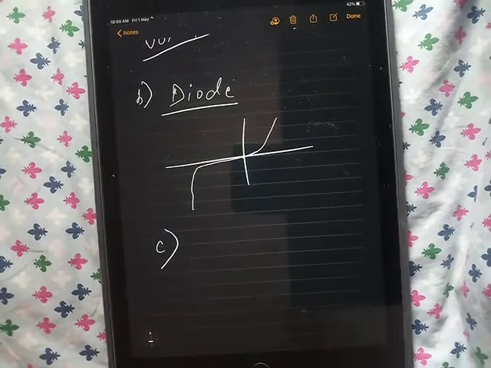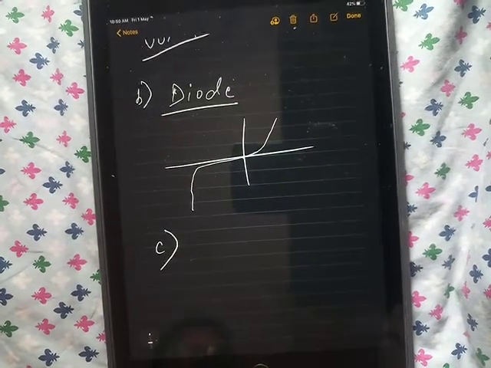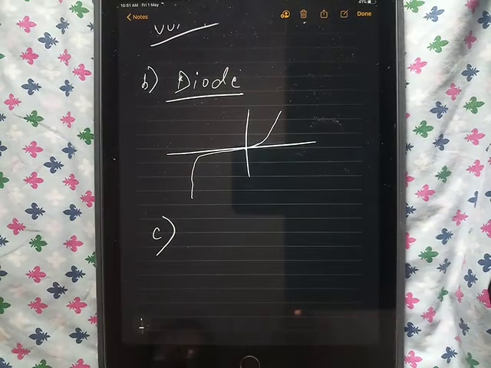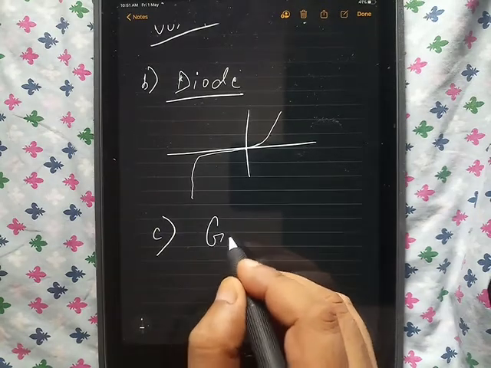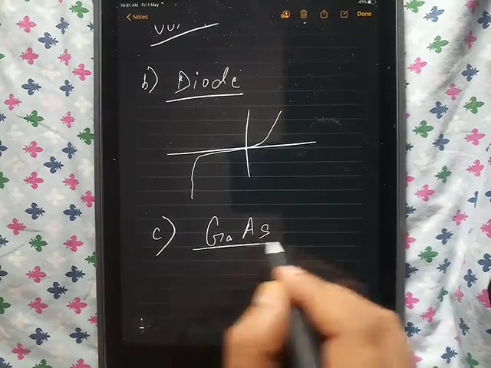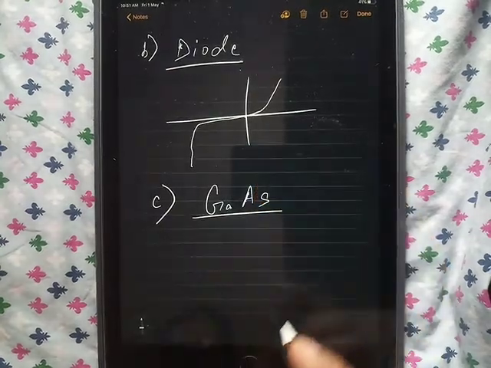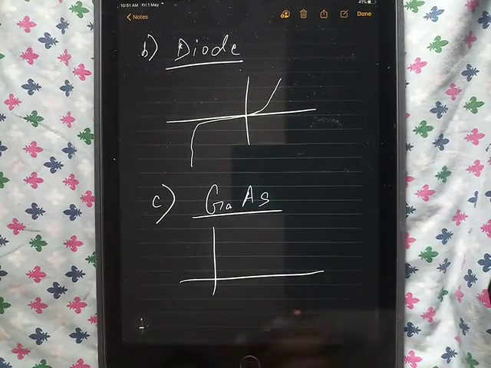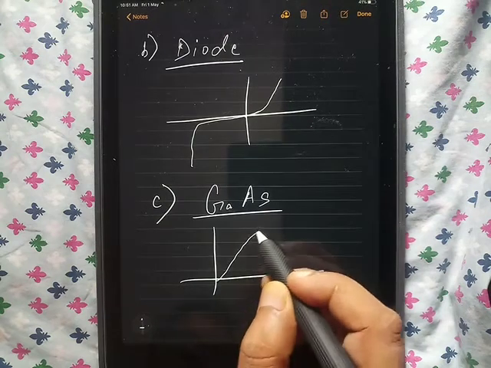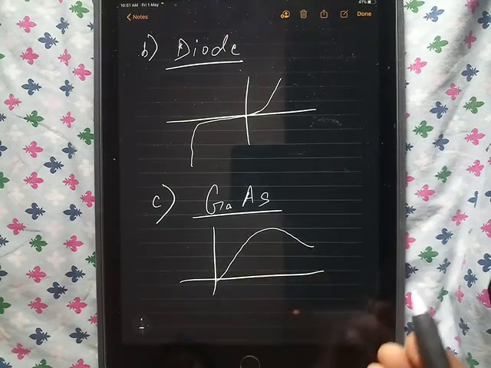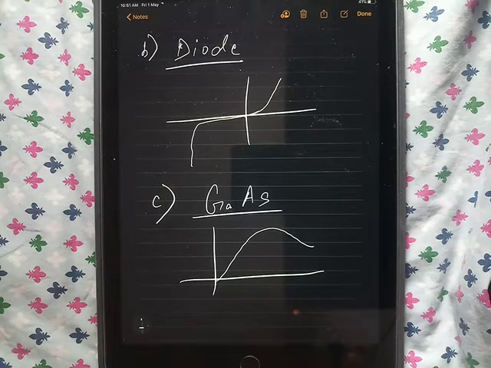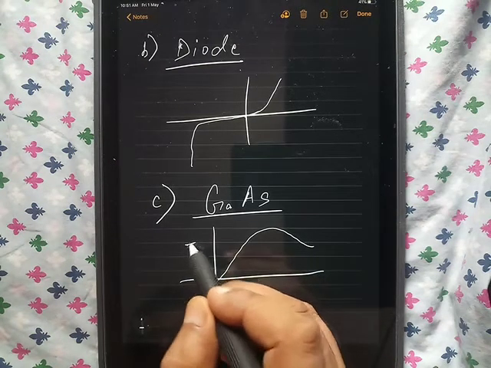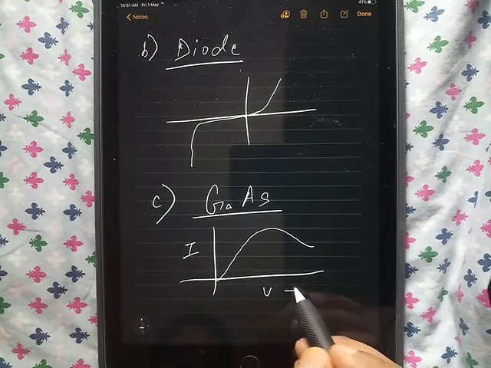The third is a material, gallium arsenide. When current is passed through this, the graph is somewhat like this. This is current and this is voltage.